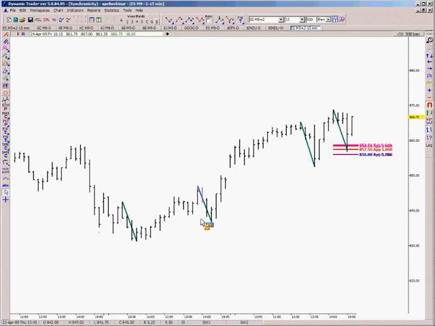Okay, so here, we held on a pullback, and the target for a move off of that low, if it plays out fully, is 872. So in this case, you only ran retracements and projections. Sometimes that's the case.